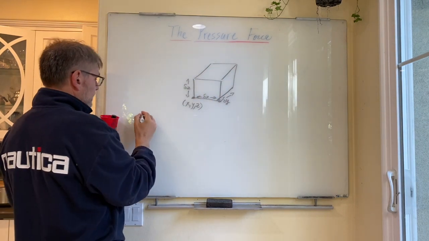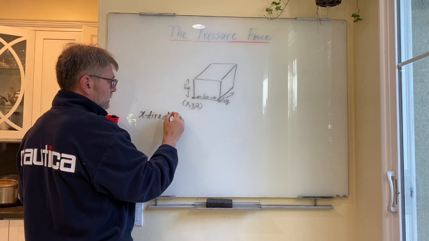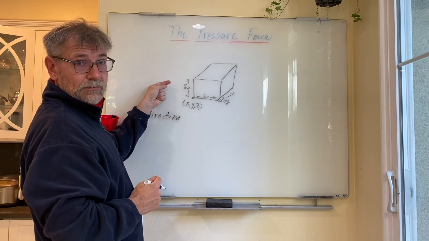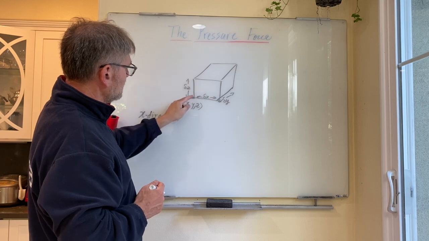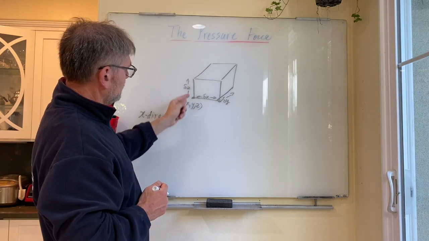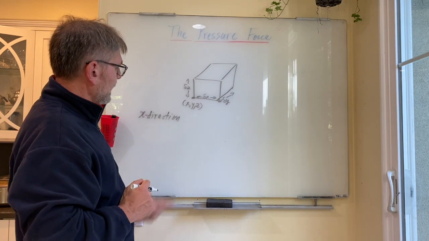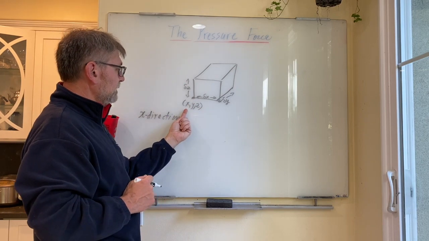And so let's start in the x direction. There's going to be a force pushing on the box from the left, on the face of dimension dz dy. So that face on this side has height dz and depth into the board dy, and the pressure on that side is p of x, y, and z.